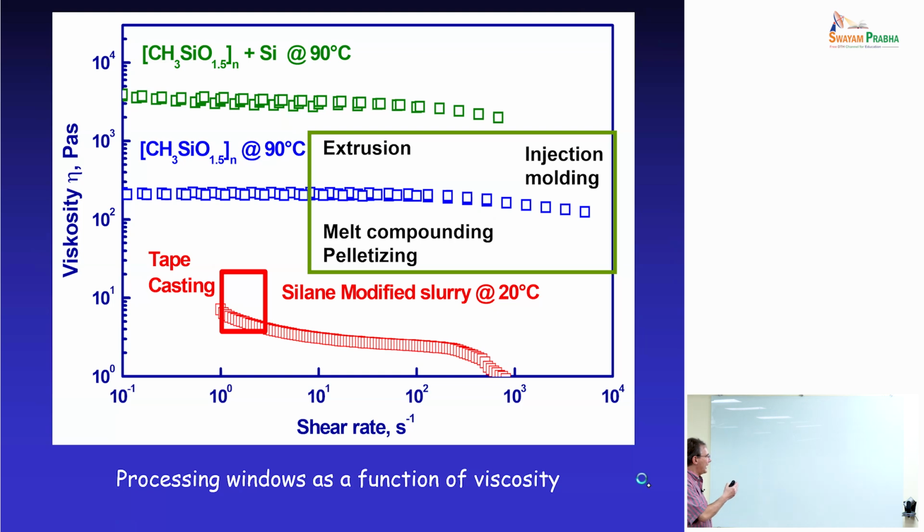This means that during shaping you have the melting of the material, and depending on the type of polymer, the molecular weight and the molecular architecture, you can have different viscosity values that are best for different technologies, such as tape casting, extrusion, injection molding, or pelletizing.